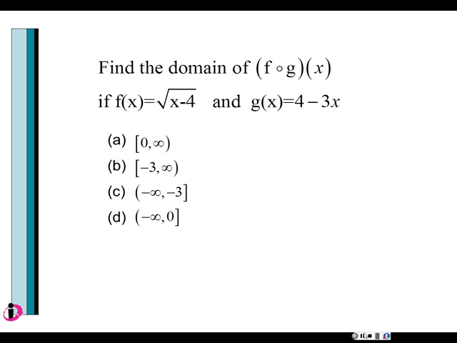So what will be the domain then? The domain is going to be starting from negative infinity all the way to 0, where 0 is included, because all of the points are included up to 0. Because if you have anything more than 0, this will be the square root of a negative number.